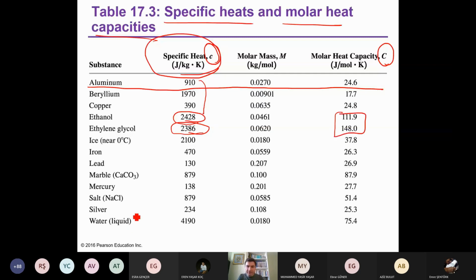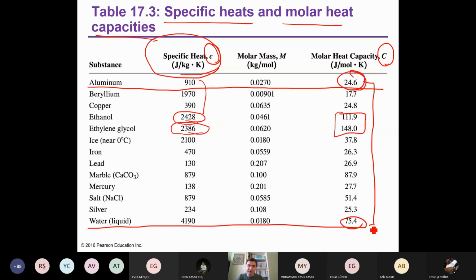It is around 75. Look at the aluminum. Compare the aluminum and water. Water has 3 times bigger, more or less, molar heat capacity compared to the aluminum. Okay, look at the iron. It is also around 26. And what else? Here we have lead, and here we have copper.